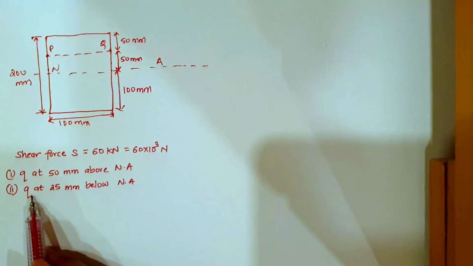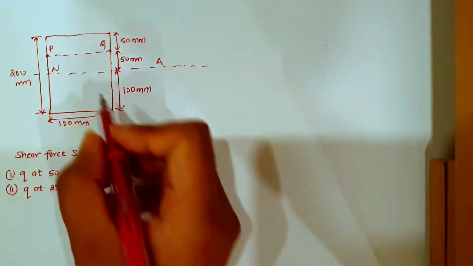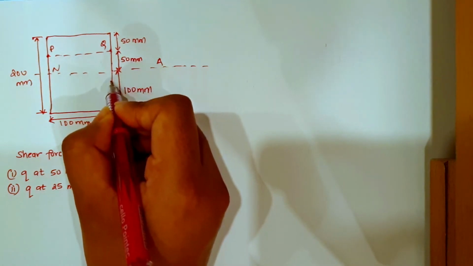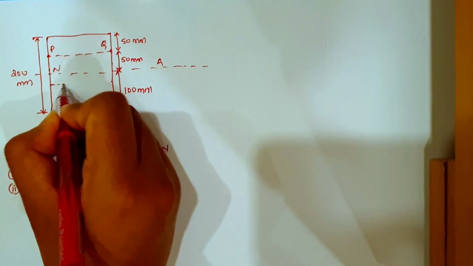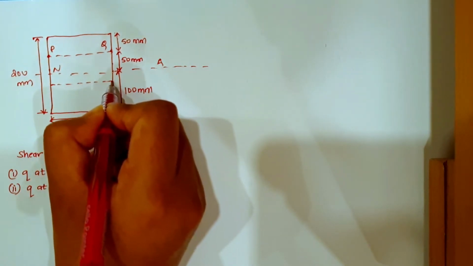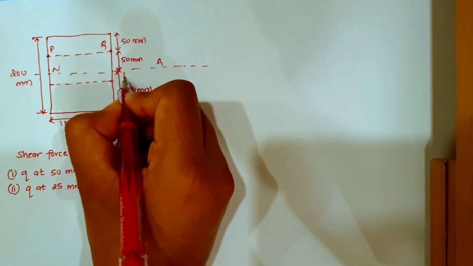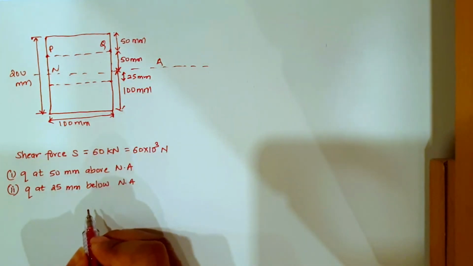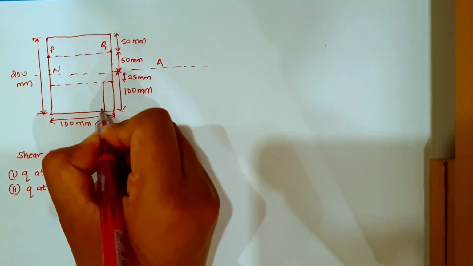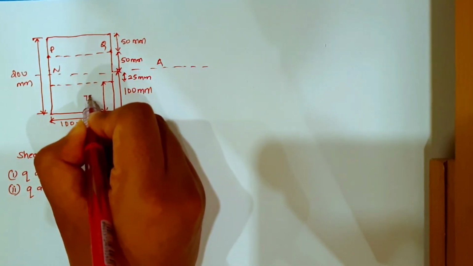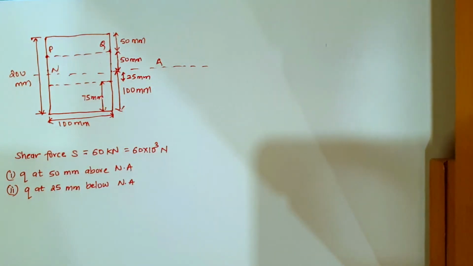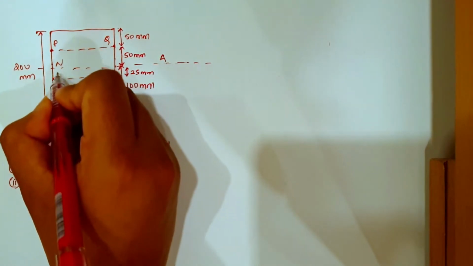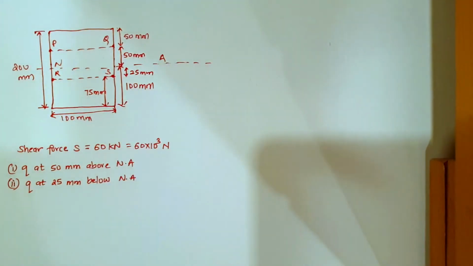Next, they have asked us to find shear stress 25 mm below the neutral axis. Neutral axis is here. Now below this neutral axis, below it is going 25 mm. Okay, so this distance here is 25 mm, right? So what will be the remaining distance from here to here? It will be 75 mm. Okay, so let me name this point as RS point.